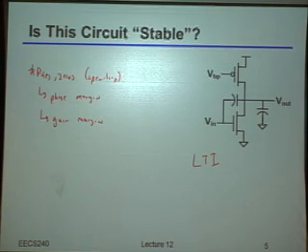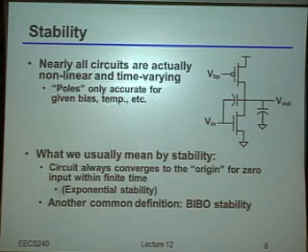Okay? Which in reality is not quite true. This is very similar to what I just said a second ago, which is that in reality almost all circuits are in fact nonlinear and potentially time varying.